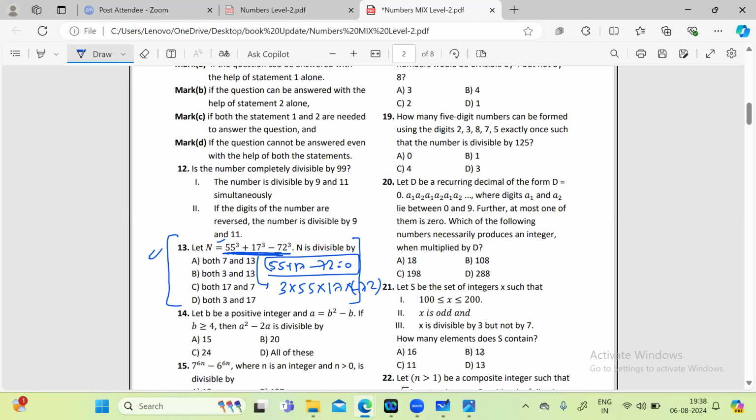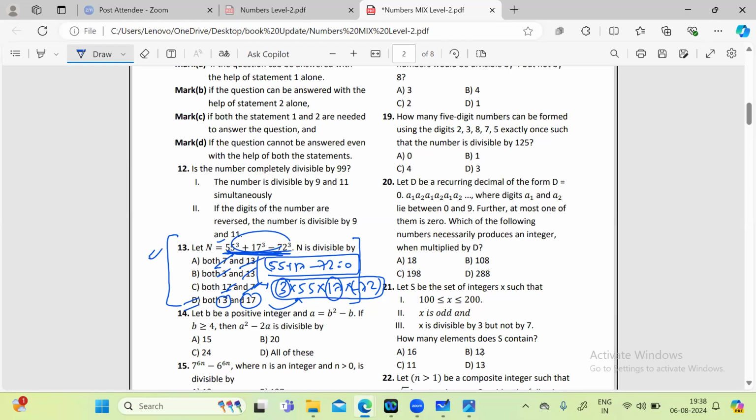Now you can find out which of the numbers are there in this multiplication. We have 17, not 7, not 13, but 3 we have. So all these options are not there. 3 and 17 both are there. So this expression will get divided by 3 and 17.